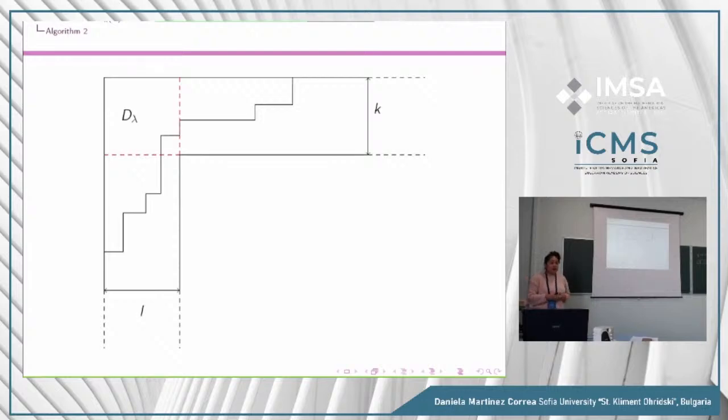So we need to find a method that gives us information about the multiplicities n lambda when we work with a big cube like that.